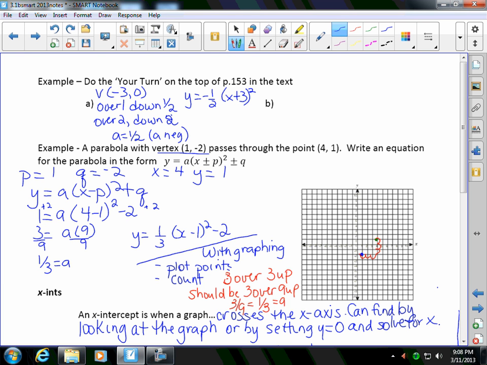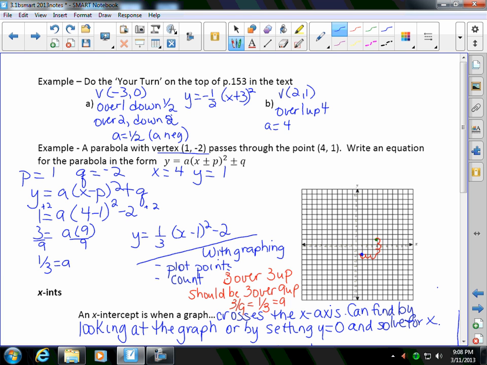So you do the same thing again for B. You take a look at the vertex. The vertex is at 2, 1. If you do your count from the vertex, you're going over 1, up 1, 2, 3, 4. Now normal is over 1, up 1, so that means that my A is equal to 4.